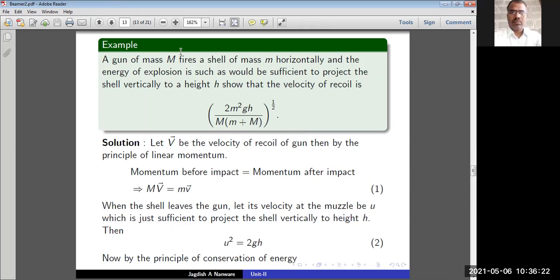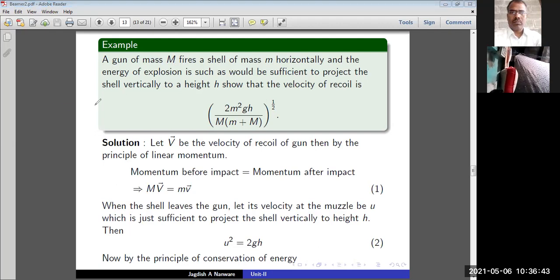So we have here a gun whose mass is capital M, and this gun fires a shell whose mass is denoted by small m, horizontally. So if the shell moves in this direction horizontally, what will be the velocity of the recoil?